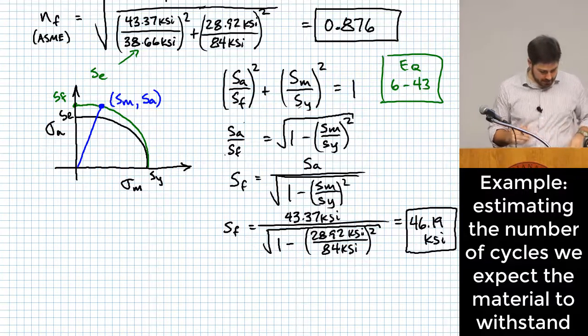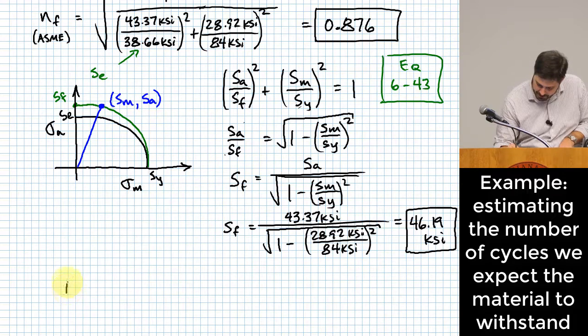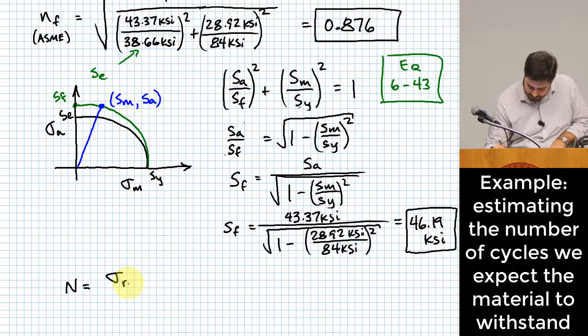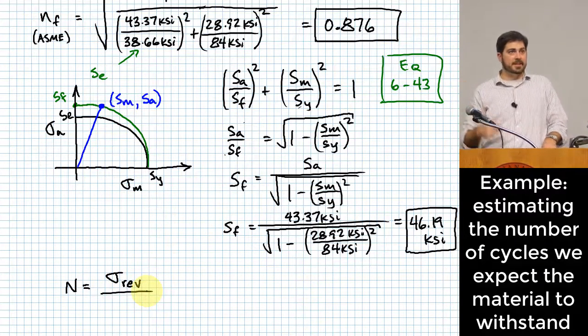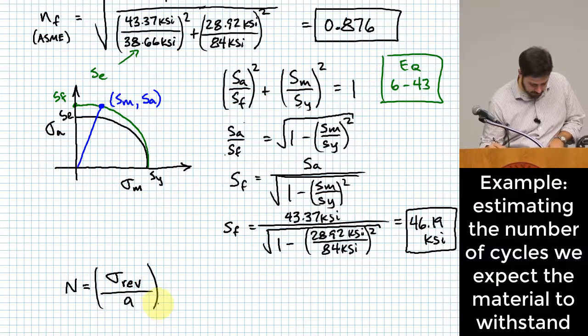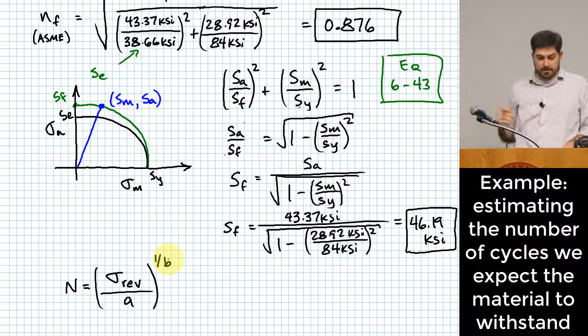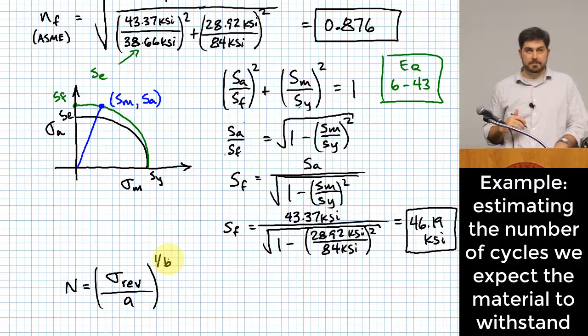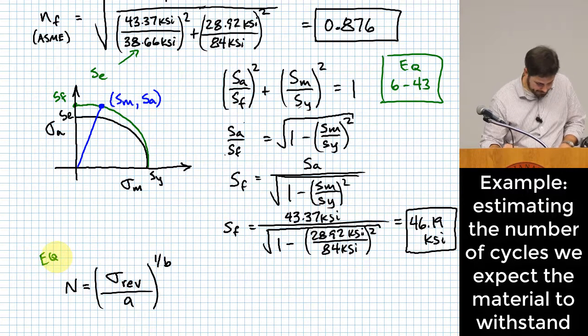If you look at an equation like 616, it says that the number of cycles is going to be equal to the stress that they call sigma sub rev, that fully reversed stress value, over A, all of this raised to the 1 over B. Well, how do I know what A and B are? What equation is this? This is equation 616.